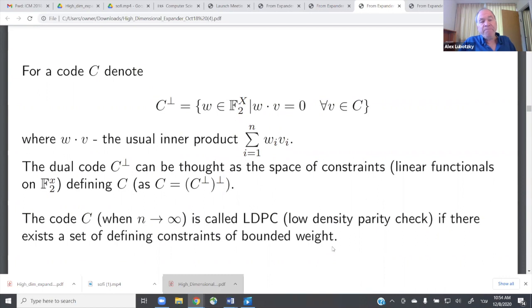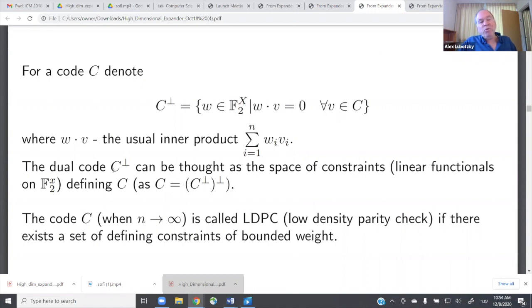For example, let's talk about the following. Given a code C, let's denote C perp. C perp will be all the vectors in F_2^X which are orthogonal to the code, orthogonal in the mod 2 product, right? W times V is equal to 0 for every V in C. So the usual kind of inner product, scalar product, over the finite field of order 2.